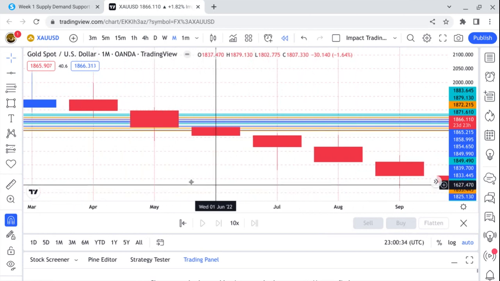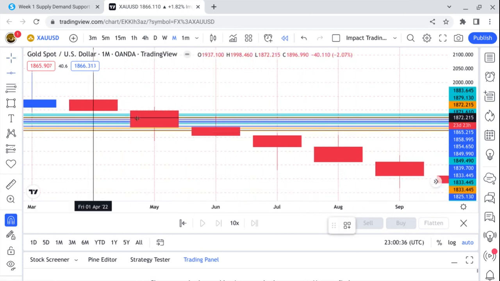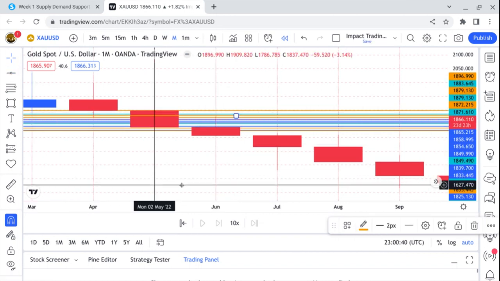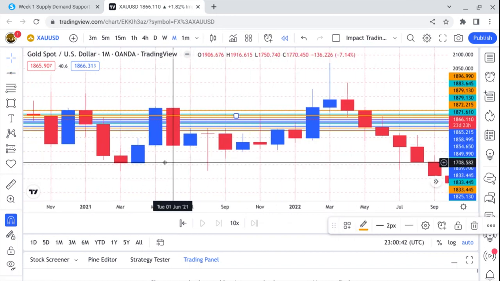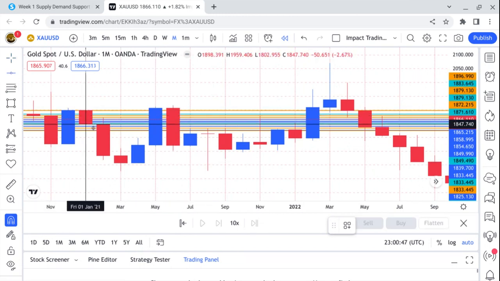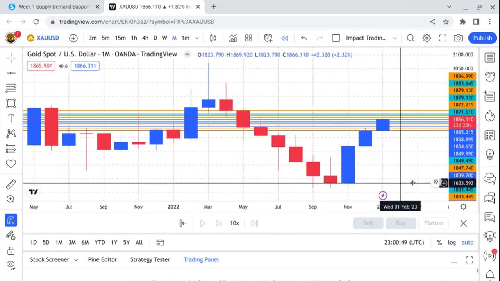We have agreement there. A lot of agreement. Price may move up here. We want to be ready should price move up in that area. All right, so we've got a lot of agreement for this next trading day.